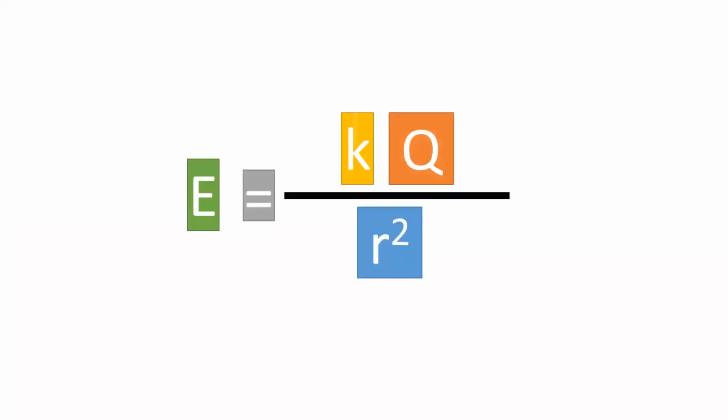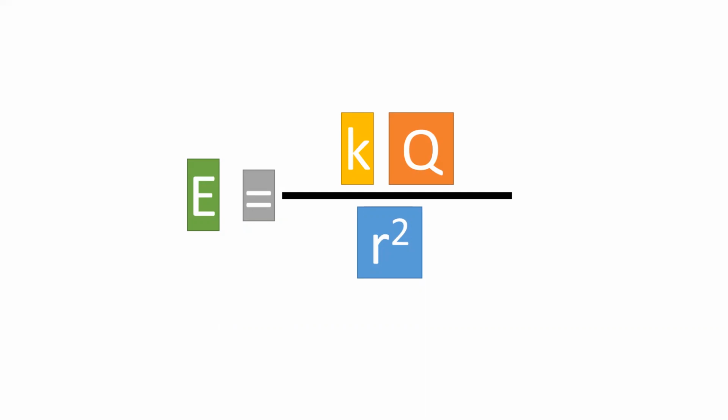In fact, for source charges that are point objects or spherically symmetric charged objects, the strength of the electric field it produces at each point in space around it can be determined using the following equation, where Q is the charge of the source and r is the distance from the source to the point in consideration.